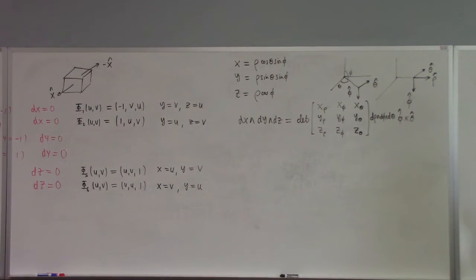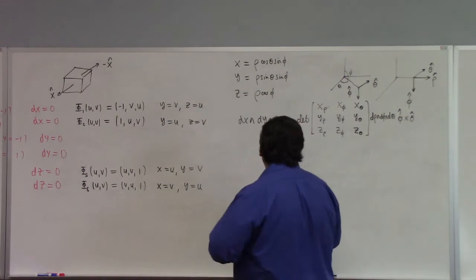This is one aspect of the pullback. The pullback of dx wedge dy wedge dz to rho, phi, theta space is that. What is that though?